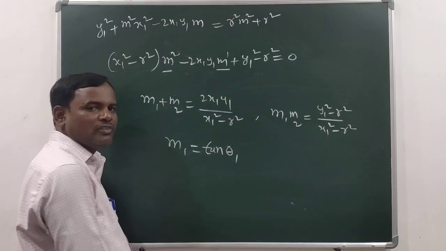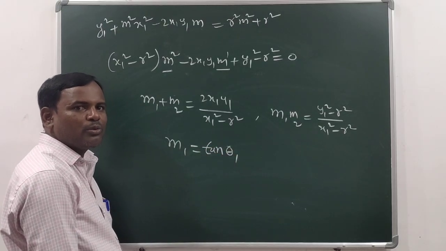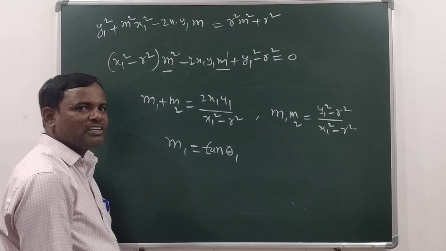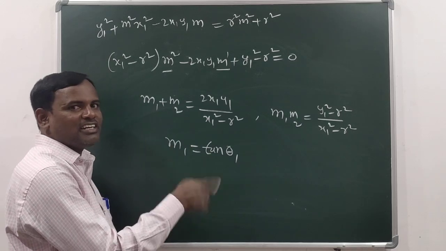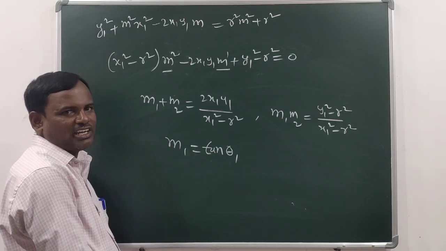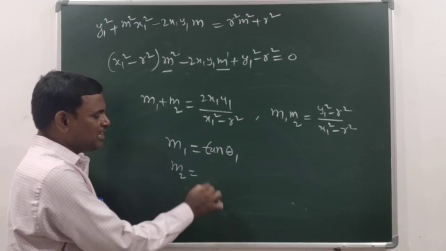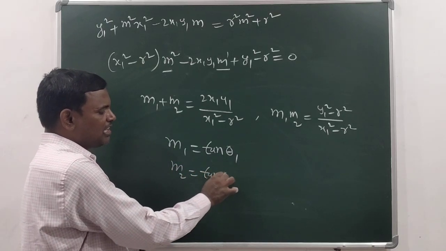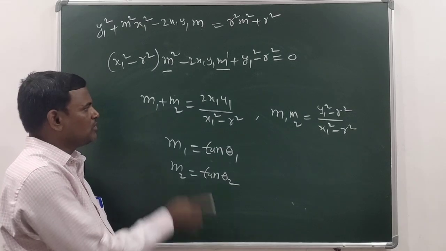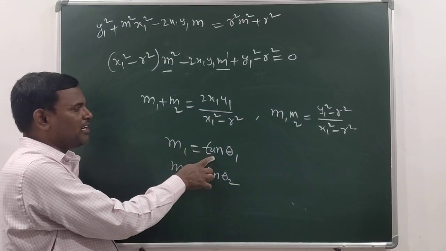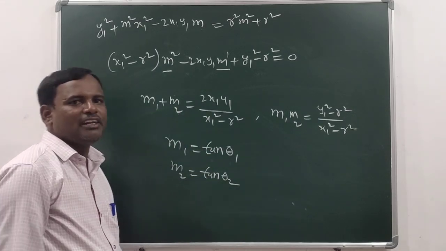When the inclinations are given, to get the slope you would have to define the tangent ratio with respect to that inclination. Now, how do you get m2? Define tangent ratio with respect to the inclination theta 2. So observe that here m1 is nothing but tan theta 1, m2 is nothing but tan theta 2.